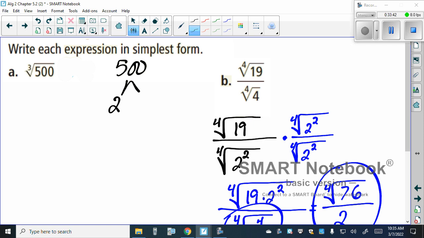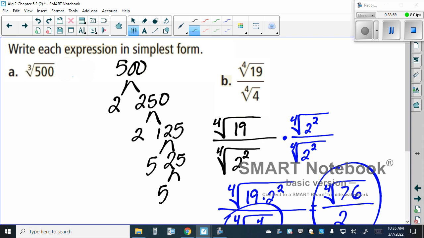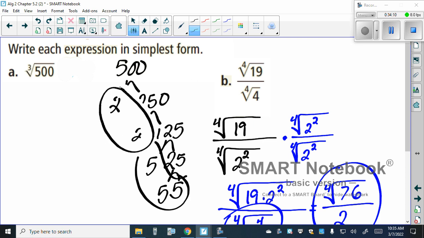Well, that would be 2 and 250. Well, 250 is 2 and 125. Well, 125 is 5 and 25, and 25 is 5 and 5. We do have 3 5s. And we have how many 2s? 2. Okay, that was interesting.